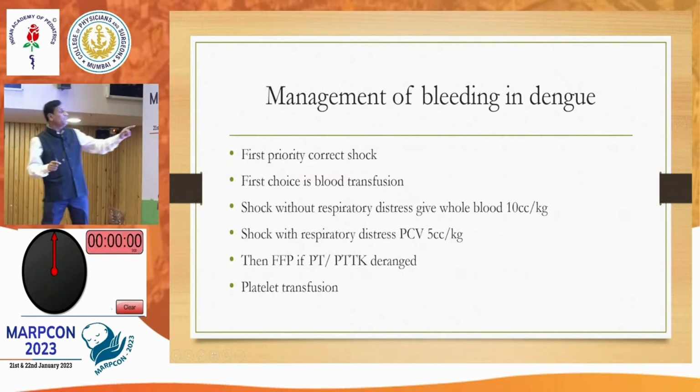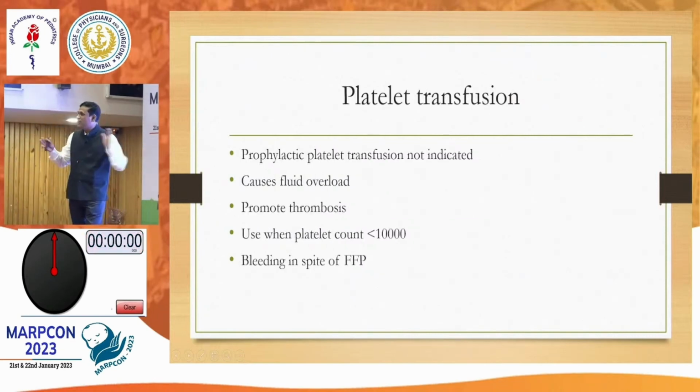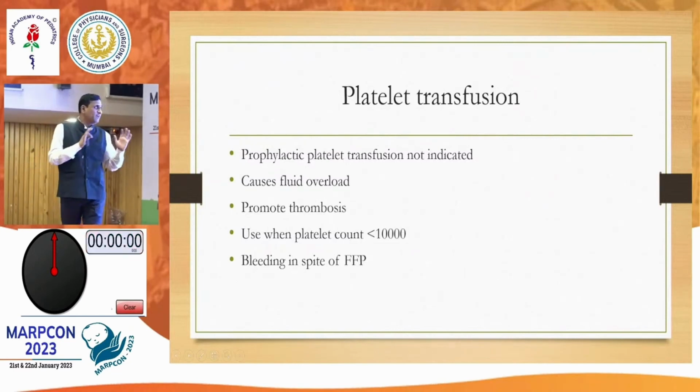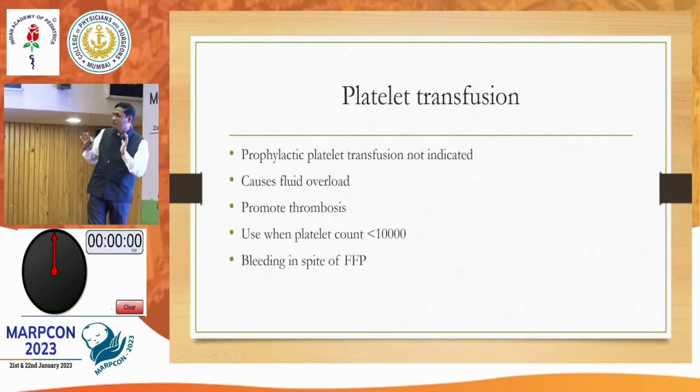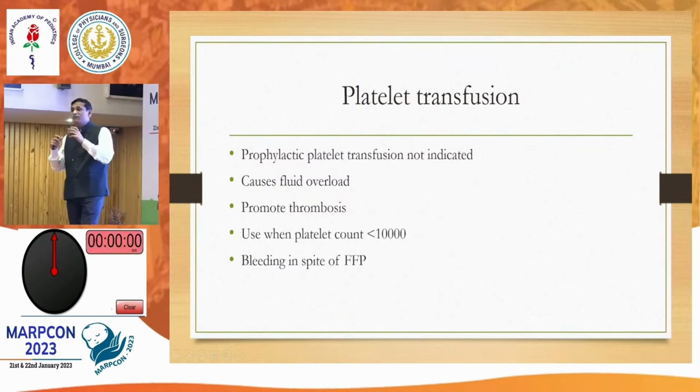And lastly, platelet transfusion. Dengue is not a platelet count disorder. So prophylactic platelet transfusion is not indicated in dengue fever. First, there is fluid overload, and second, it promotes thrombosis. How does it promote thrombosis? The damaged endothelium releases von Willebrand factor.